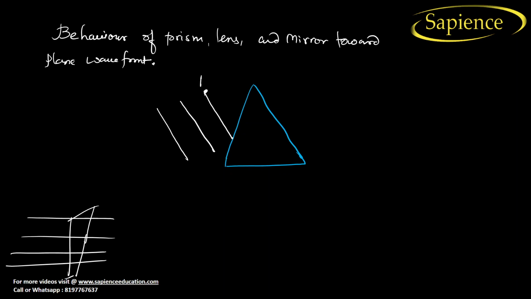Now let us consider this is A and this is B, and each and every part will create a disturbance like this. Now what will happen, it will again create a secondary wavefront like this and it will go beyond this, every time like this.